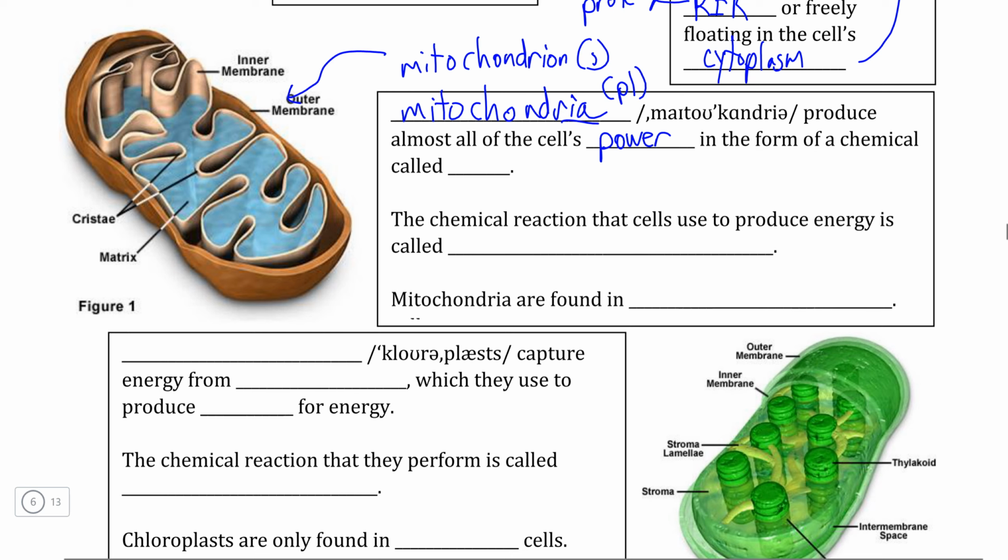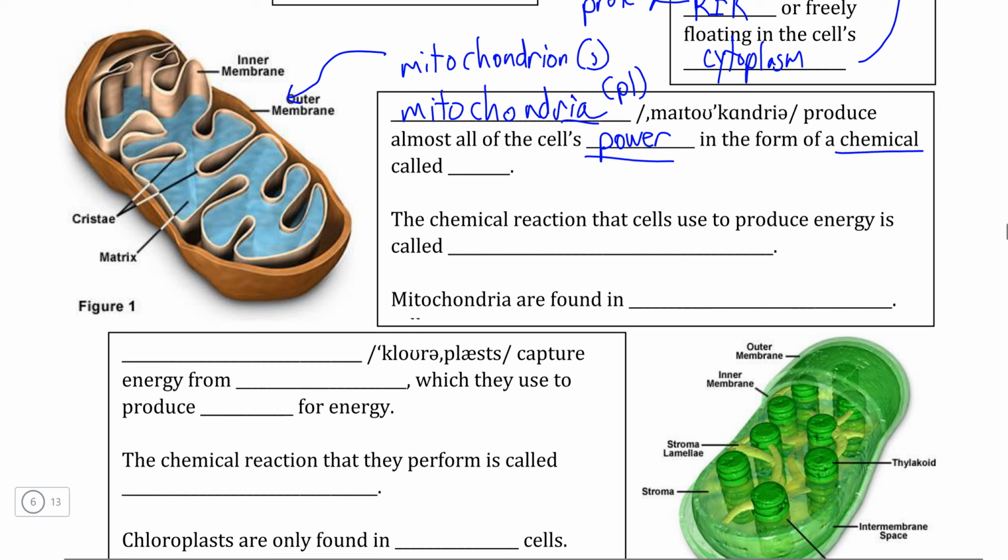And these, as mentioned, produce most of the power that is required for the more complicated processes in the cell. Now, again, we often think of the mitochondria as the cell's power plants, but a better way of describing these is more like the cell's battery, because the cell's power is not electrical in nature.